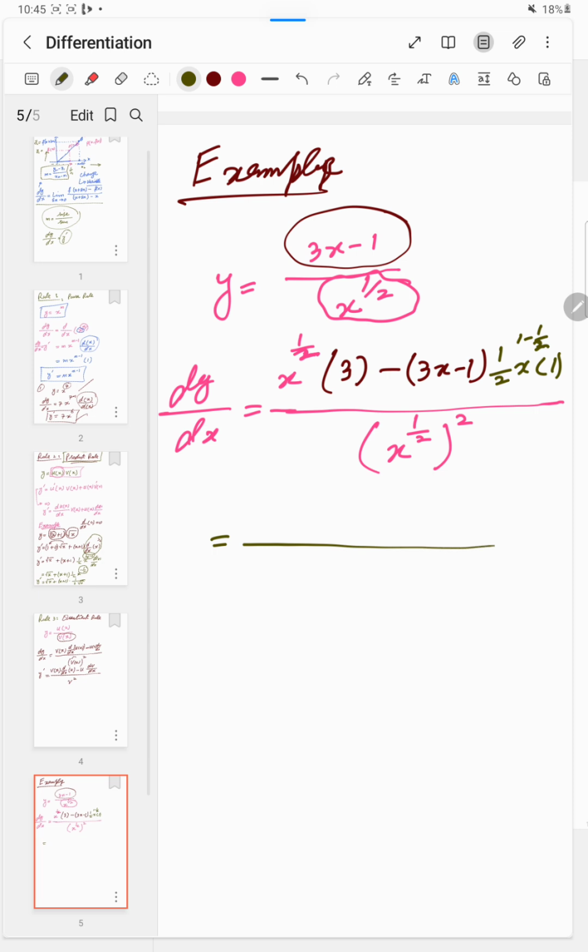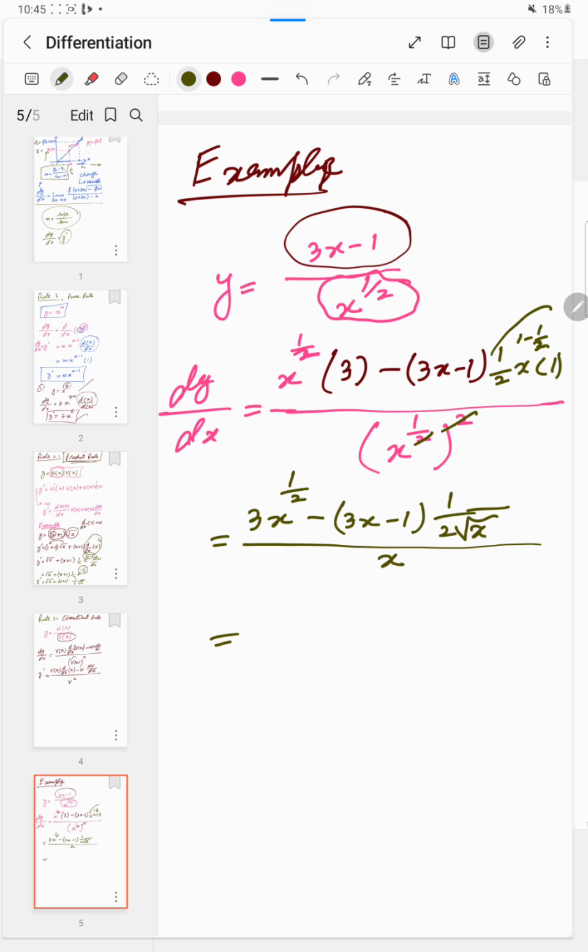Now we can write here, this will cancel out, so it becomes 3x raised to power 1 by 2 minus (3x minus 1), and this becomes 1 over 2 into square root of x. So divided by x will be as it is.